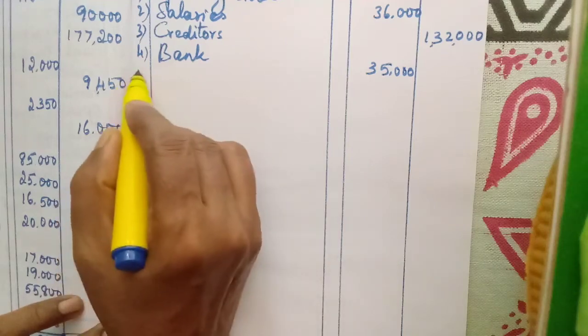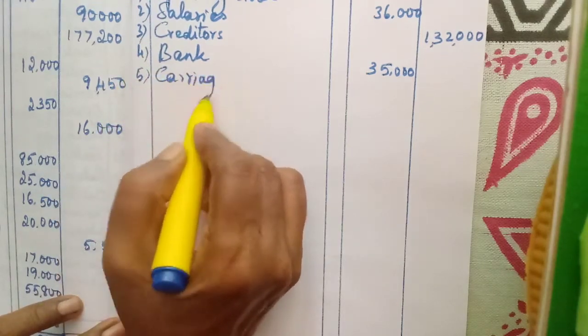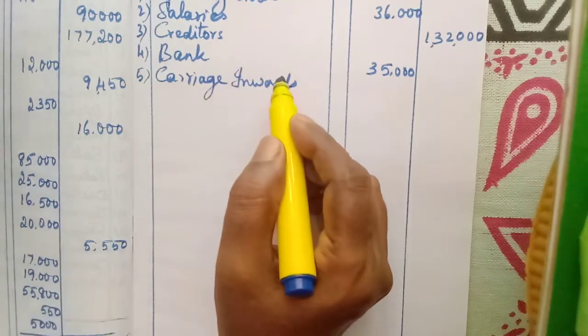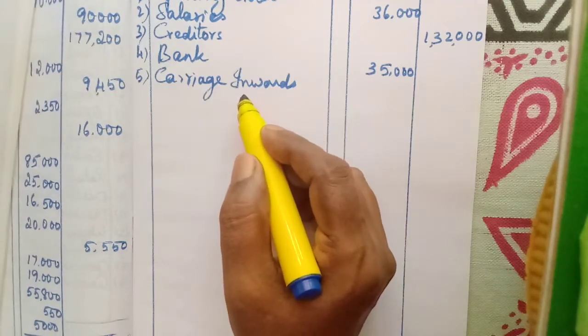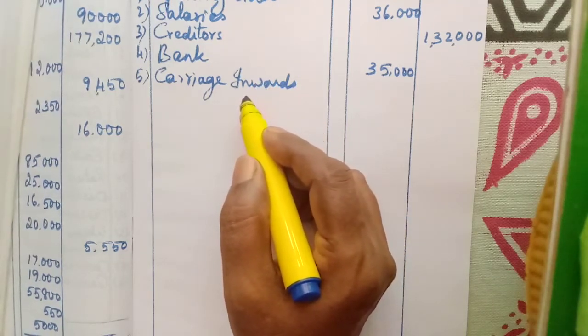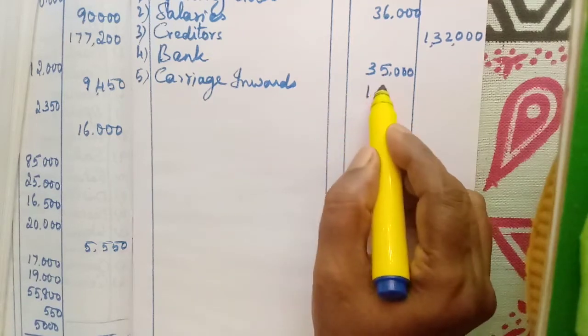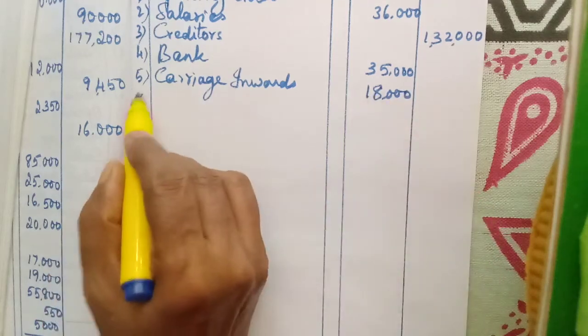Carriage inwards 18,000. Okay, rent received.